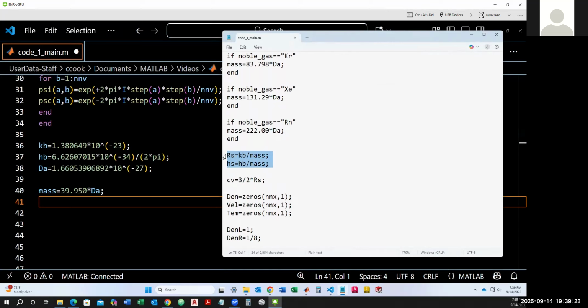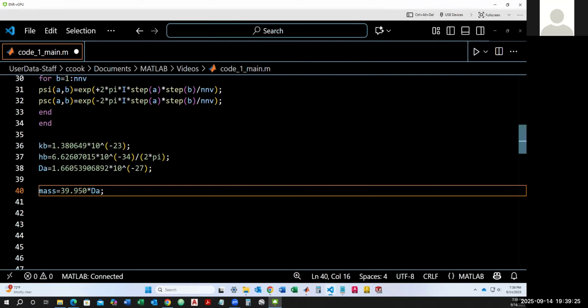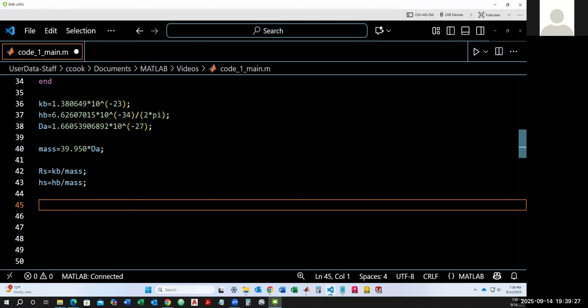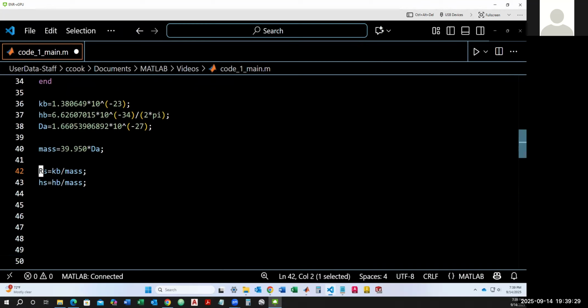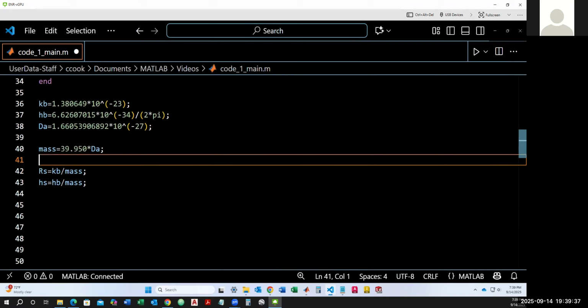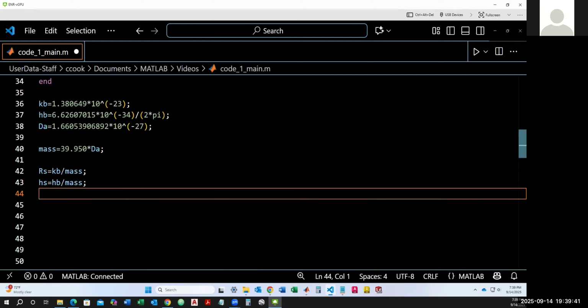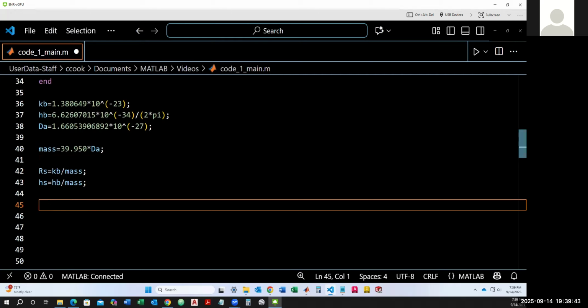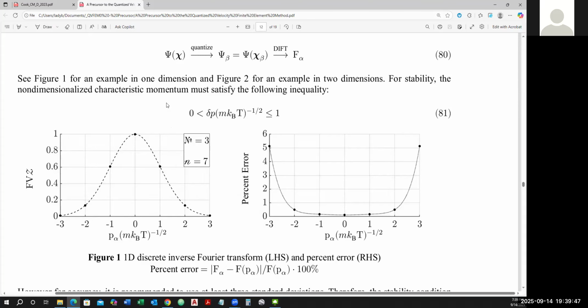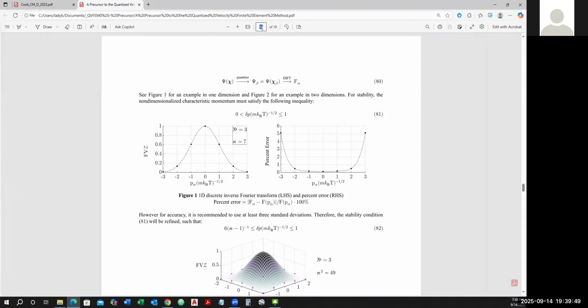Next, what we'll do is define the specific gas constant, which will be the Boltzmann constant divided by the mass in kilograms. So this is the mass in kilograms. HS is the specific reduced Planck constant.